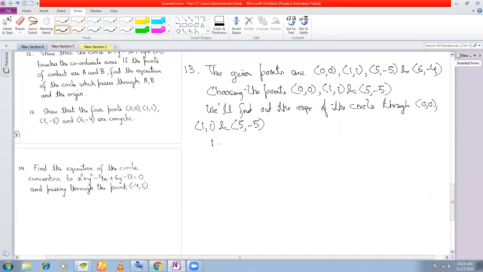So I start by saying let the equation of the circle be x square plus y square plus 2gx plus 2fy plus c is equal to 0.